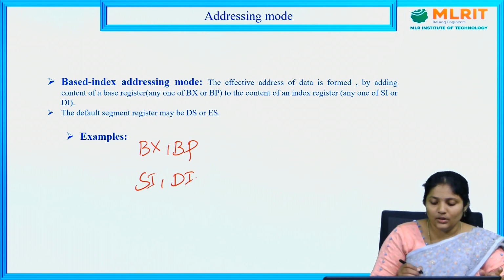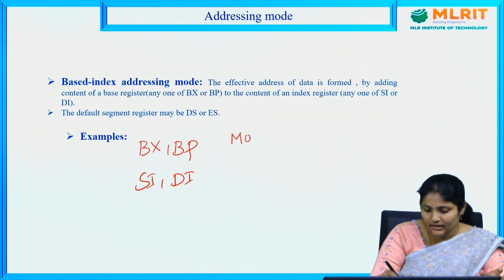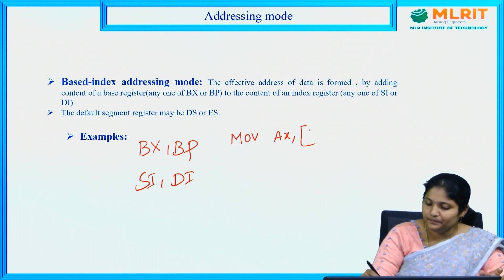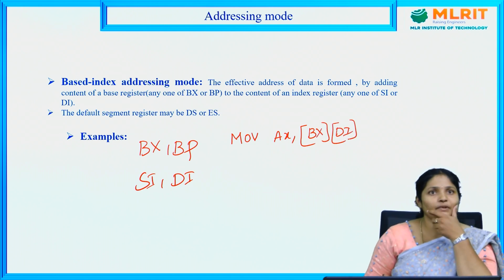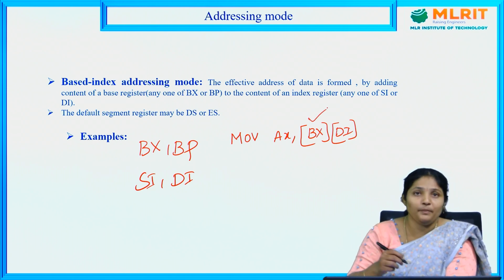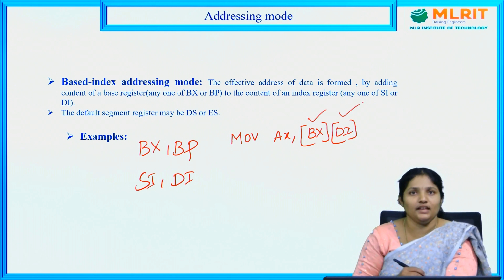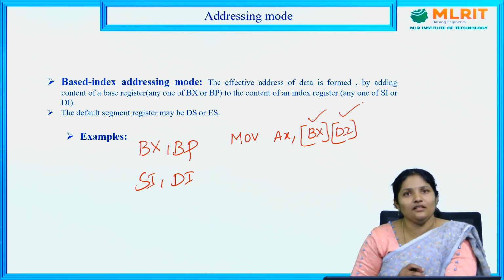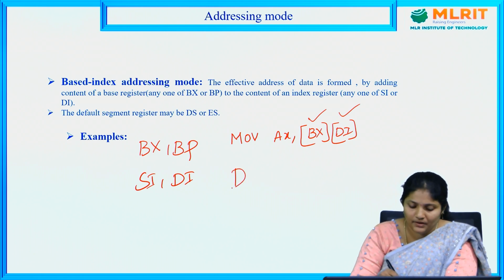Let us consider one example: MOV AX, [BX][DI]. This is an example of the based indexed addressing mode. Here we are representing the base register along with the index register. So how do we calculate the physical address? Normally, we take the segment register as the data segment register.